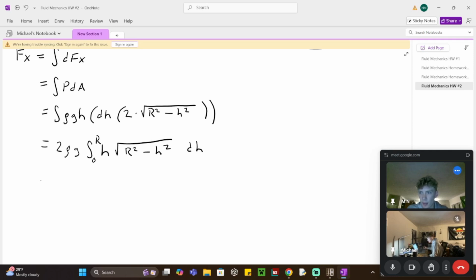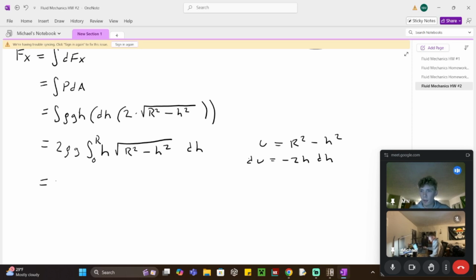To do this integral, we're going to let u be R squared minus h squared, and du be negative 2h dh. We can see there's a negative 2 here, and then h.